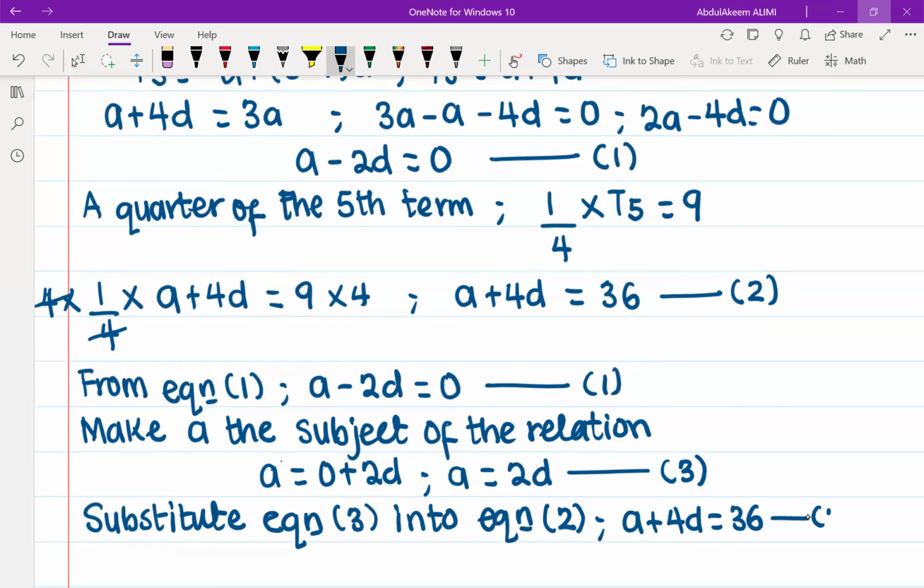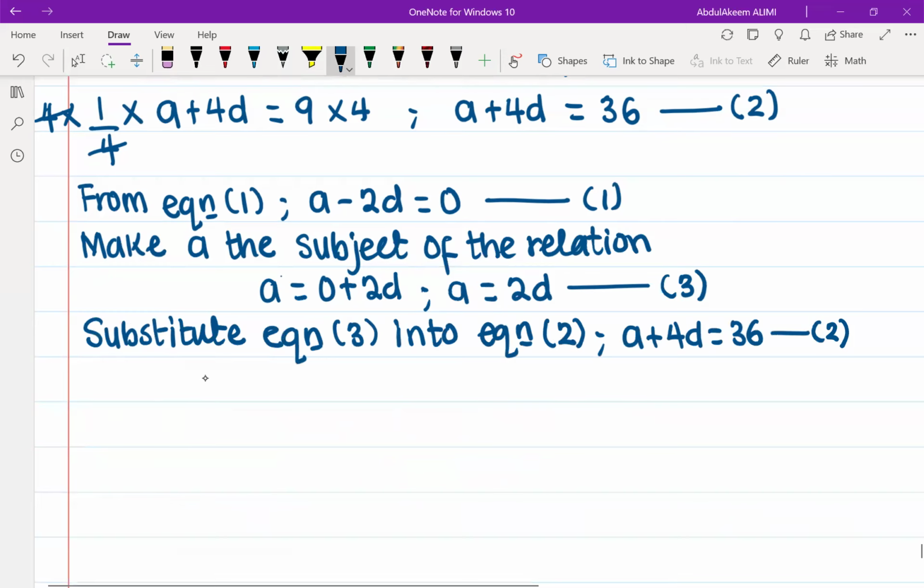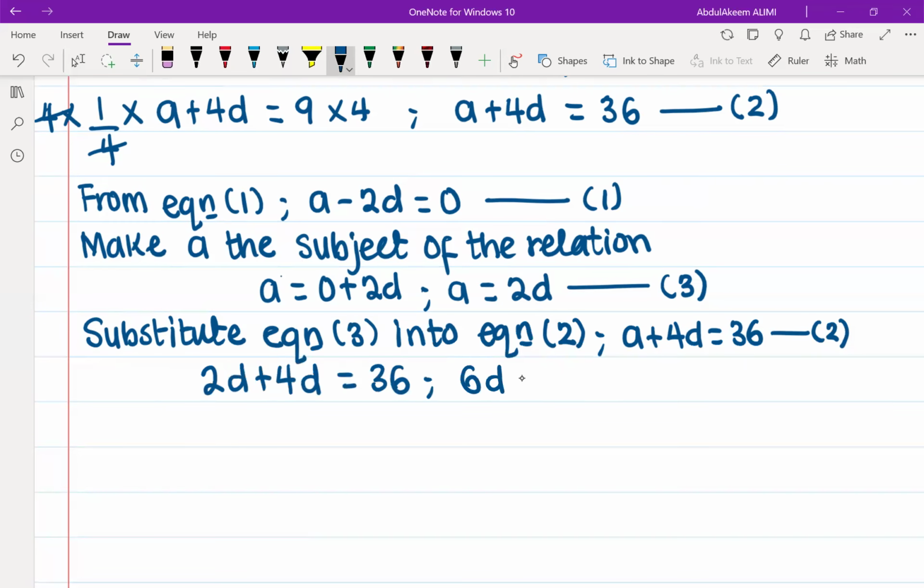So this will now become 2d plus 4d is equals to 36. If you solve this further, 2d plus 4d is 6d is equals to 36. Divide both sides by 6. This will cancel each other out, 6 here 1, 6 here 6. So my d here is equals to 6. I've gotten the value of my common difference.